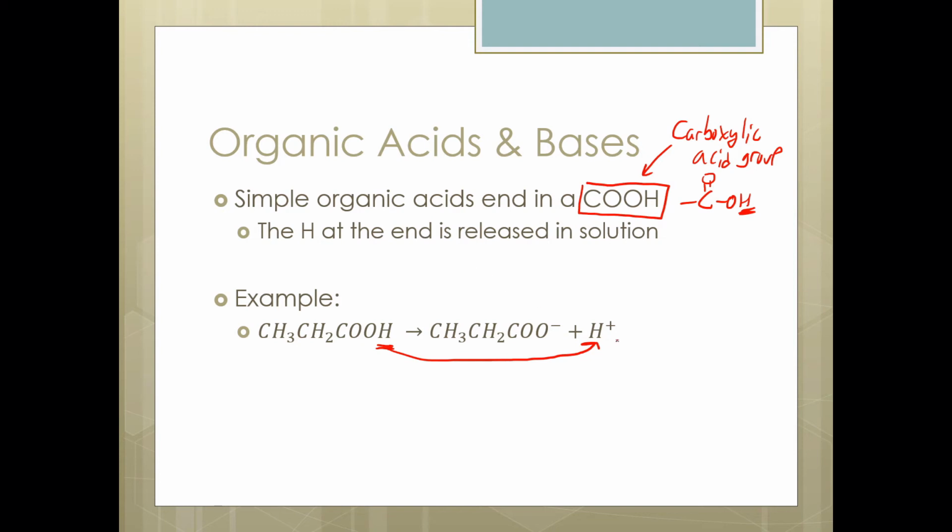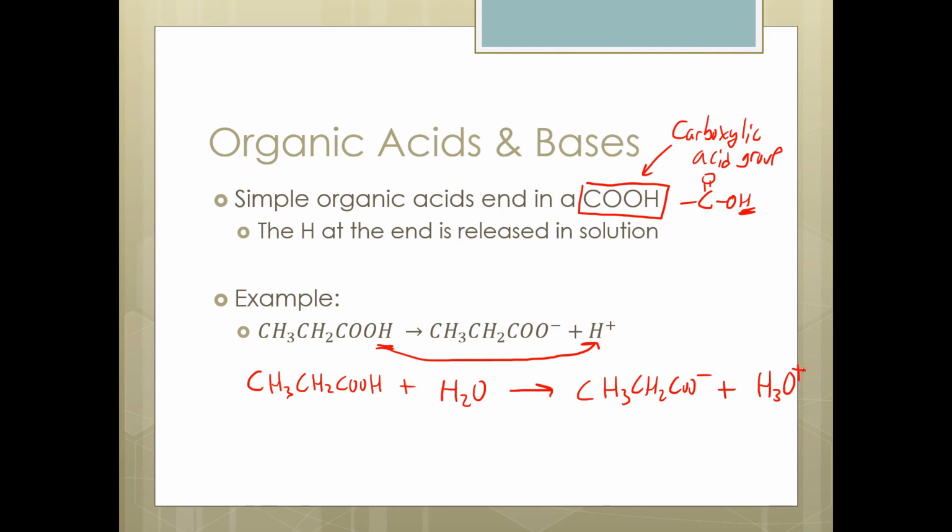Now the H+ has to be donated to something, so this reaction would end up being like this. The CH3CH2COOH would combine with some kind of base, let's make it water. This would create CH3CH2COO minus, and then the hydrogen would combine with the water to create hydronium.